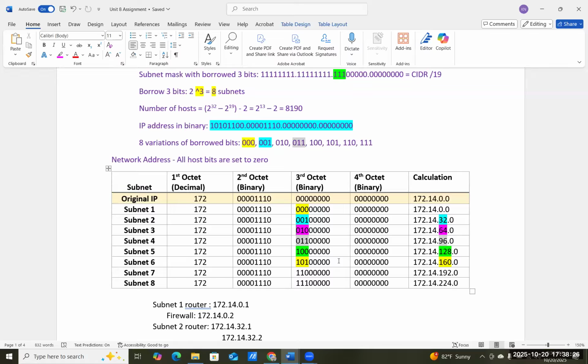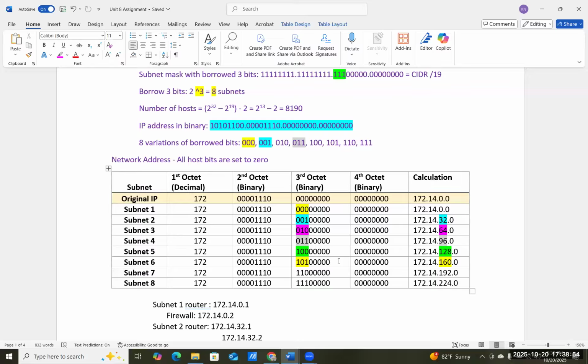So as Patricia mentioned, yes, you will always borrow into your host ID, whichever class you're using, because your network ID has been maxed out with the subnet mask. So I put down here an example, the branch one, right? You get 172.14.0.1 as your router.